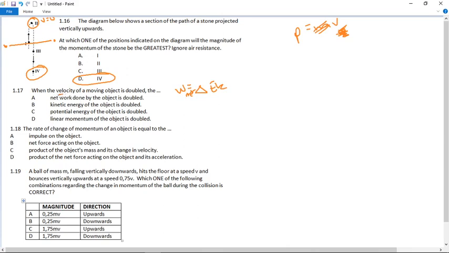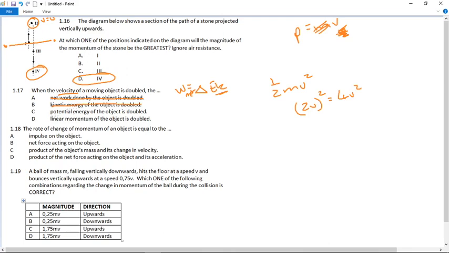No, if we change the velocity by doubling it, the change in kinetic energy will not be doubled because EK is a half mv squared, so this will be 2v squared, which is going to be 4v squared, okay? So then the net work is not going to double, the net work is going to change by 4 because the kinetic energy changed by 4, so that answer is also out.